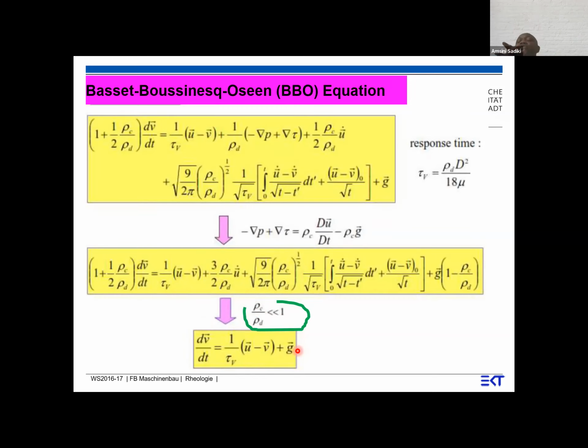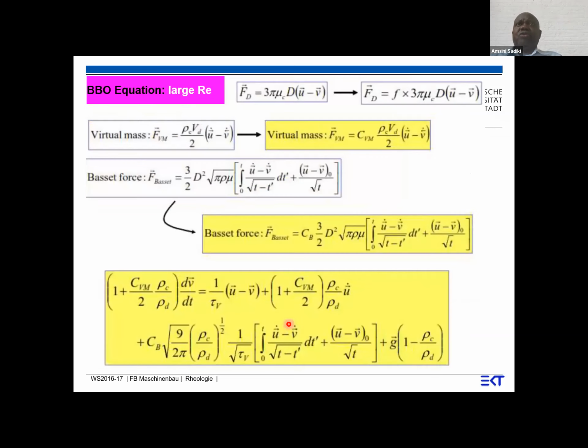That is why in various research papers they say only that they use the gravitation force and the drag force. They assume normally that this quantity is very small. So this gives us an orientation on how we can neglect these forces.